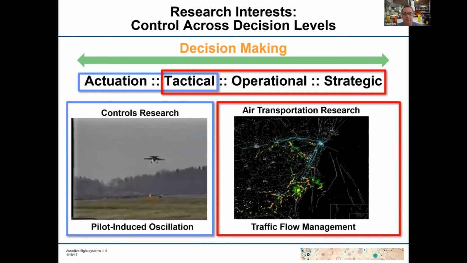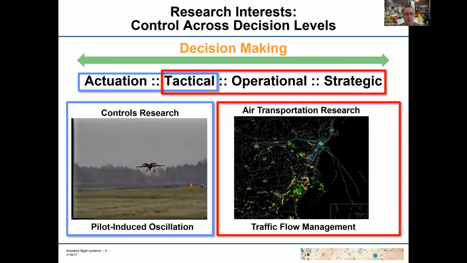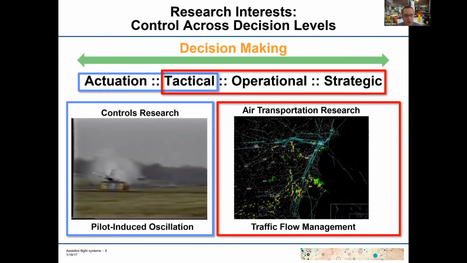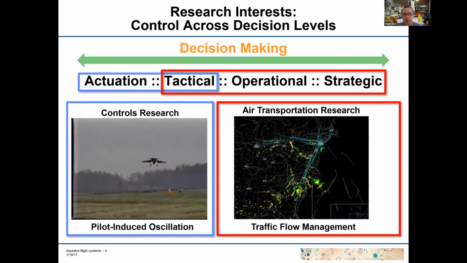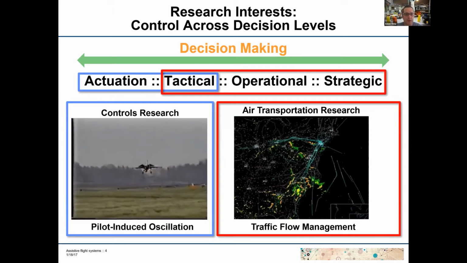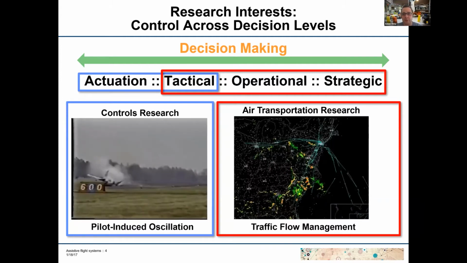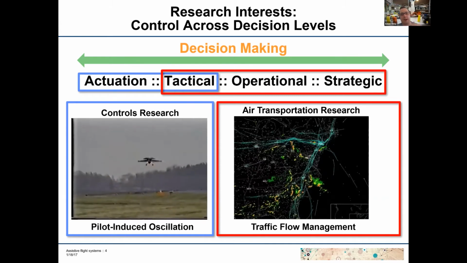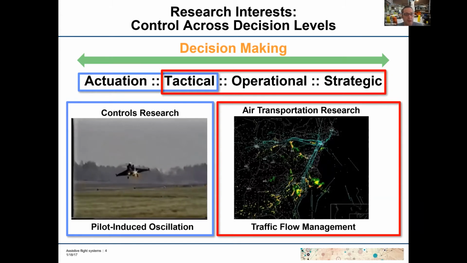In line with this, I think we can think about the span of decision making and where control theory and human in the loop control has been prevalent. One of the first uses of modeling the human as part of a control problem had to do with pilot-induced oscillation. Basically, there's a dynamic of the aircraft that is out of phase with the human control input.